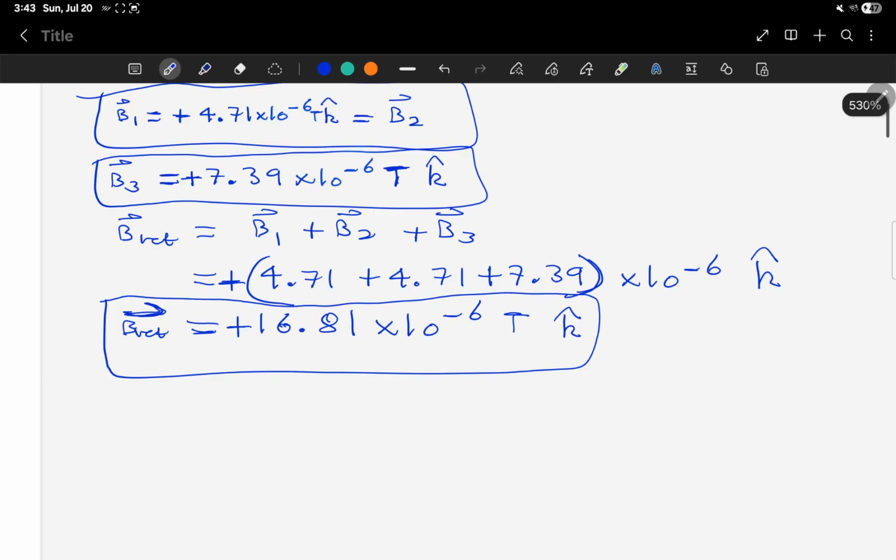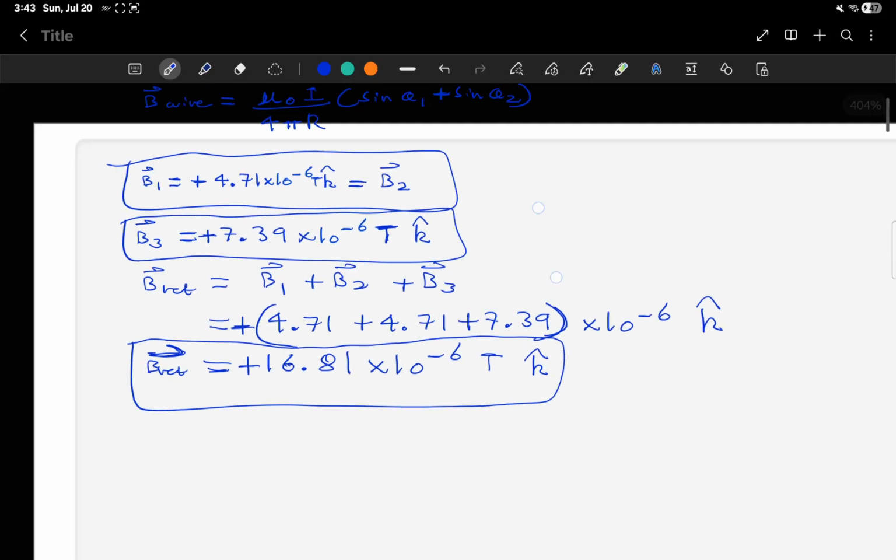Now I'll plug this into my web work just to make sure it's correct. What a relief, it's actually correct, so that's good. Yeah, so that's how you solve this problem.